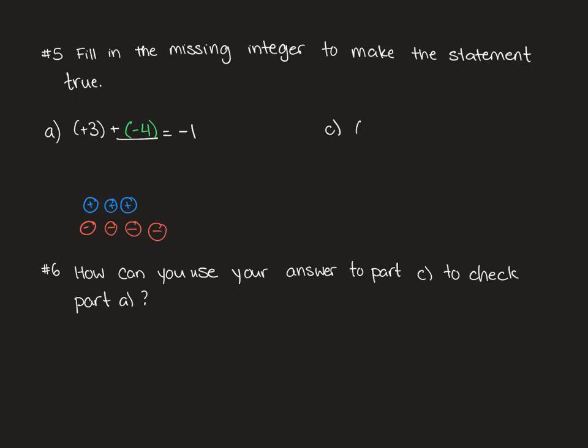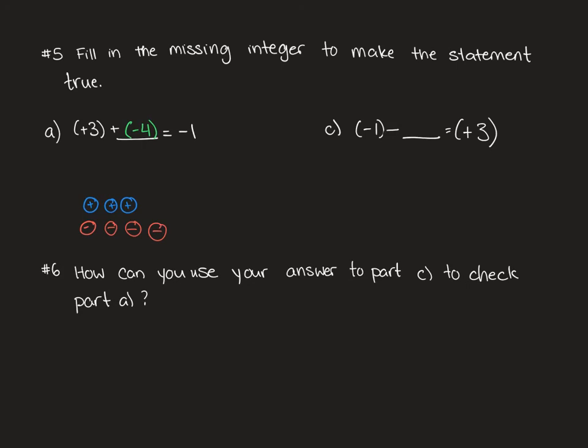So it might look like -1 plus something, minus something equals +3. So we're starting at the same beginning and then going to the same end.